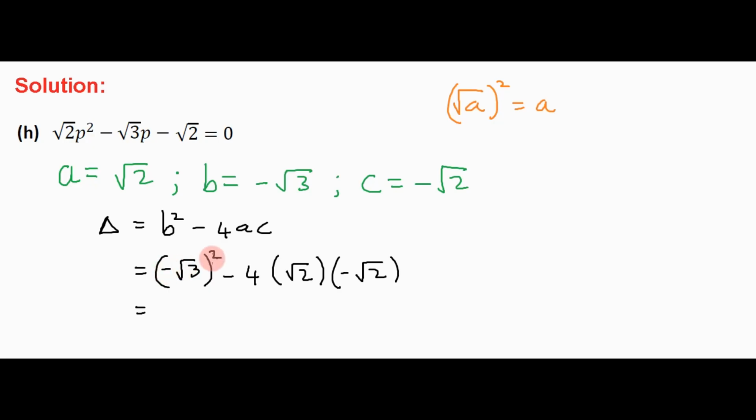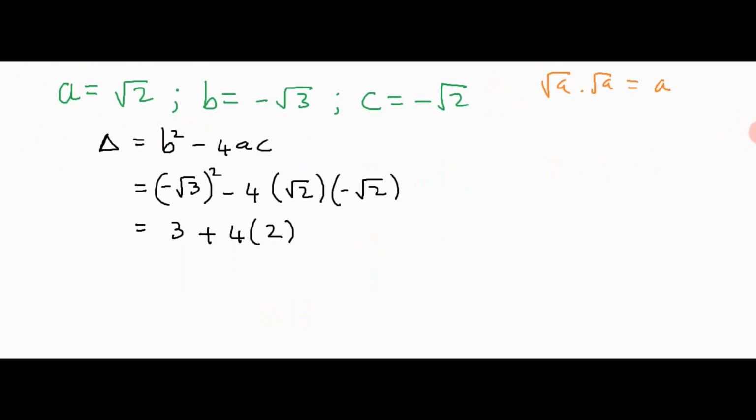So a negative squared is a positive, and the square root of 3 squared is just 3. Then a minus times a minus is a plus. So plus 4 times, and then we know that the square root of a times the square root of a is a. This is using the laws of surds. So the square root of 2 times the square root of 2 is just 2. This, of course, is 11.